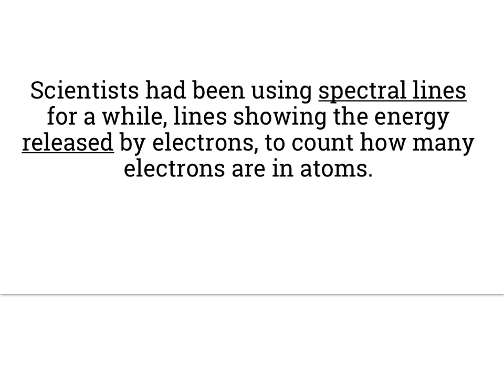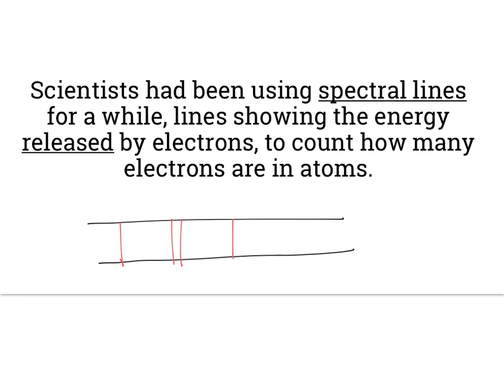Scientists had been using what are called spectral lines for a while. Lines showing the energy released by electrons to count ultimately how many electrons there are in atoms. Now, spectral lines, what I've understood, basically look like this. They're a little differently spaced, but they're basically lines of when electrons release photons and change levels, they'll release energy.